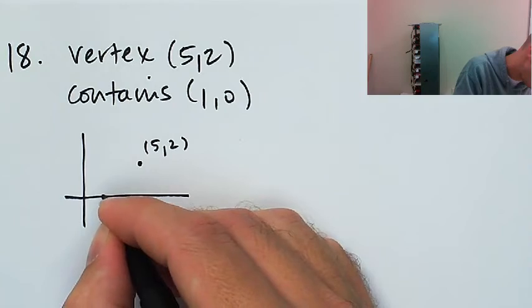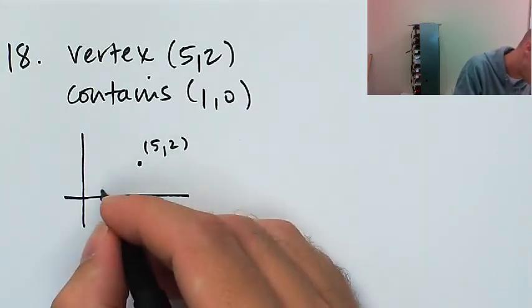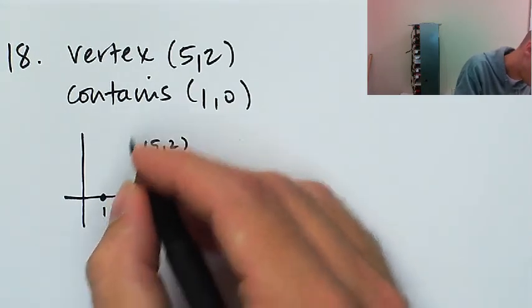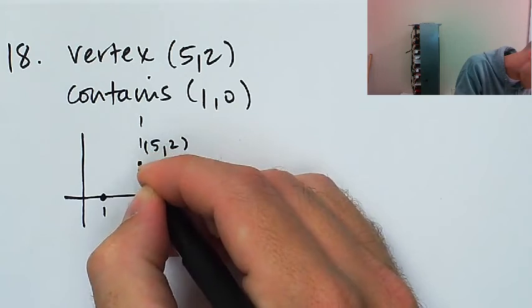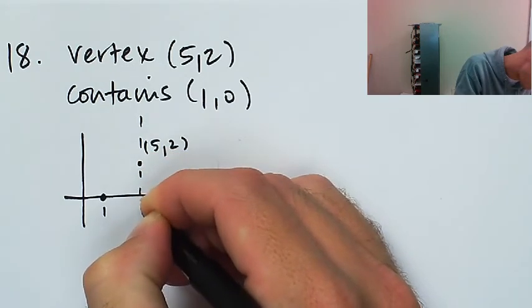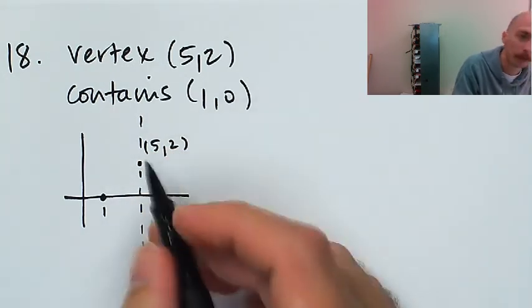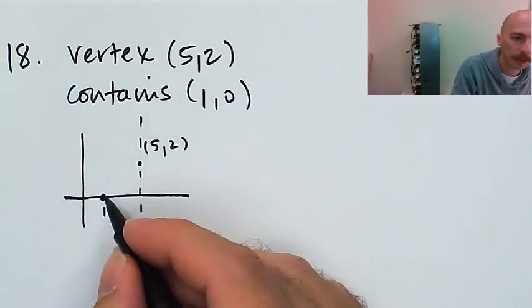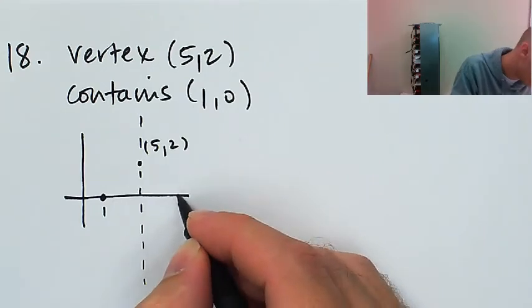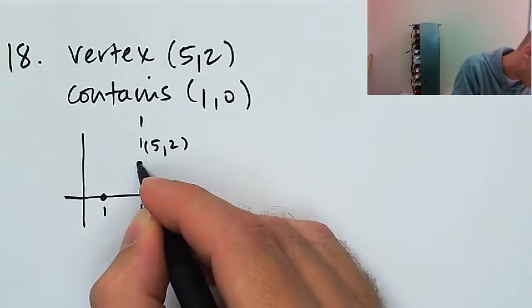I've got the x-intercept 1, 0. If this is the vertex, the axis of symmetry runs down through it, x equals 5. So if I've got this point, I've got this point over here across the axis.